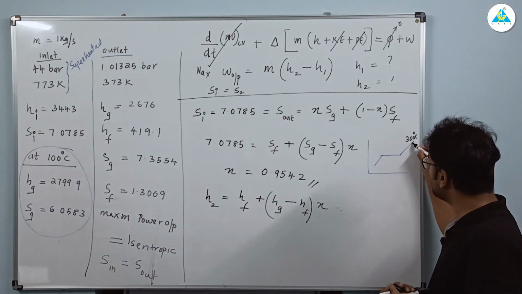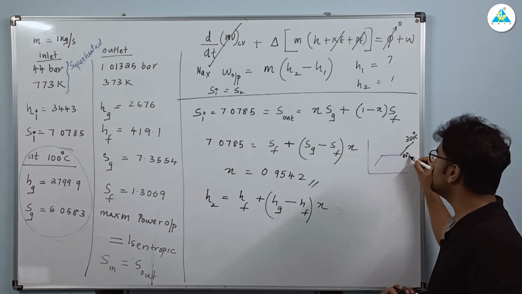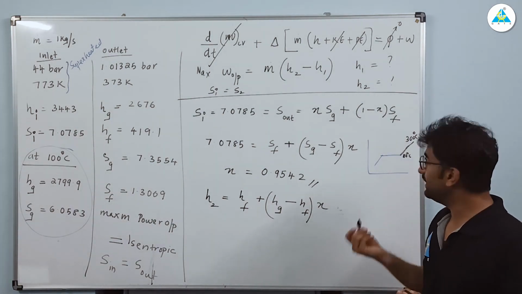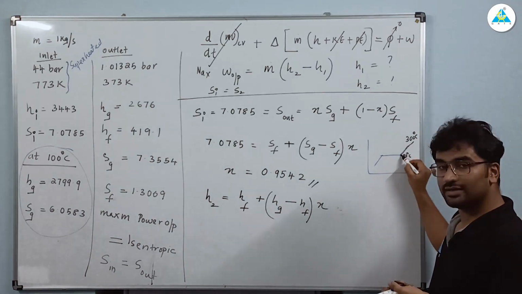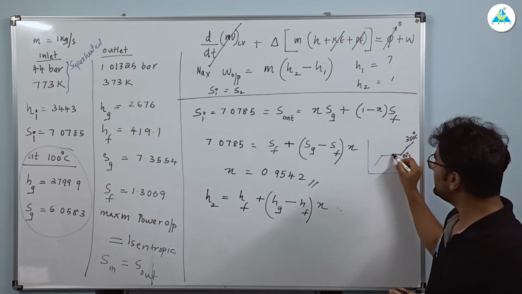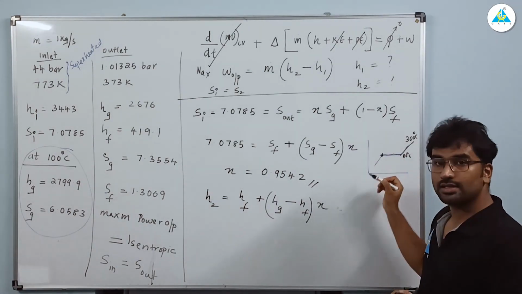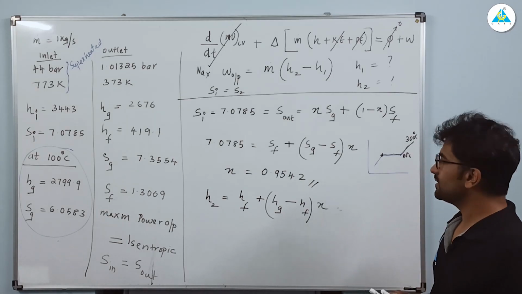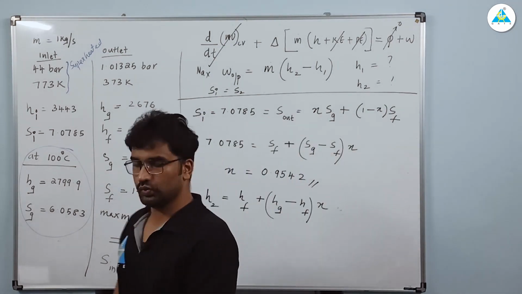You will bring this 300 degree Celsius water to 100 degree Celsius water. Then it will become saturated vapor. Now from the saturated vapor, you will release heat. Then it will become saturated liquid. If you release heat again, it becomes cool liquid.